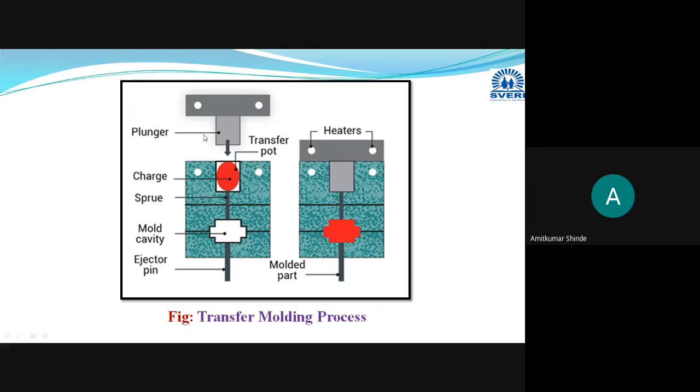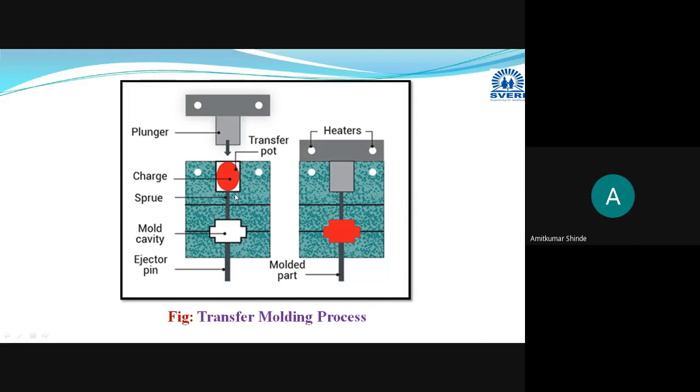When we apply this pressure, the mold is in a closed condition, and this mold is also heated. Due to the temperature and this pressure, the charge will get transformed from the solid phase to the liquid or semi-solid phase, and due to the press it will get transferred to the gating system.